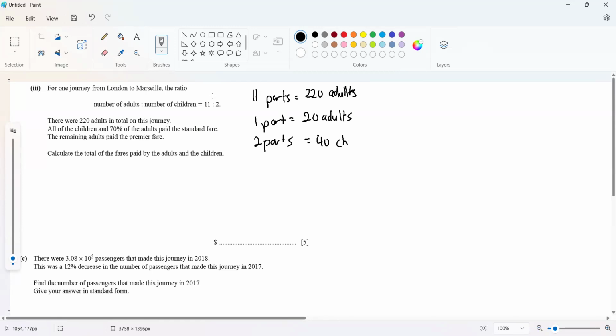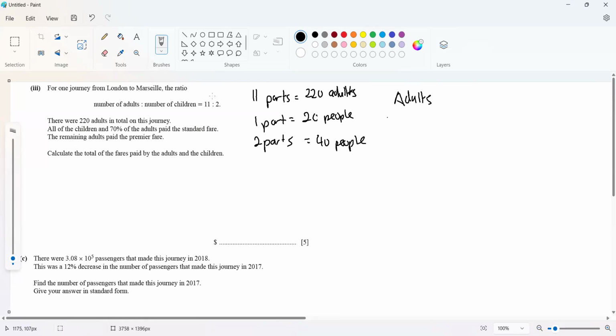So there's going to be 40 children. Or I shouldn't say adults and children, I should say 40 people, to be more generalized in this case. So this is people, right?